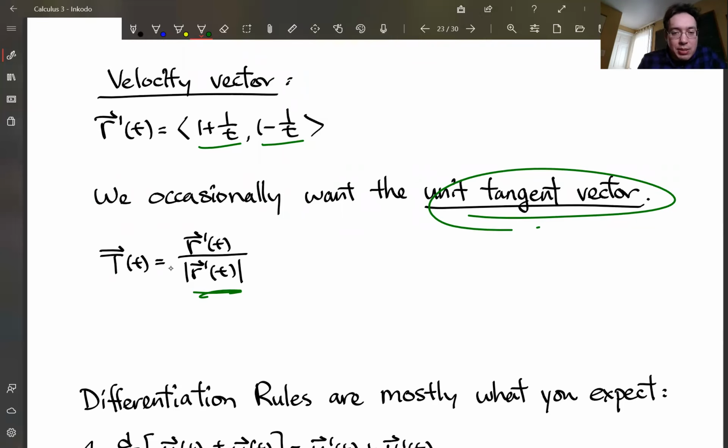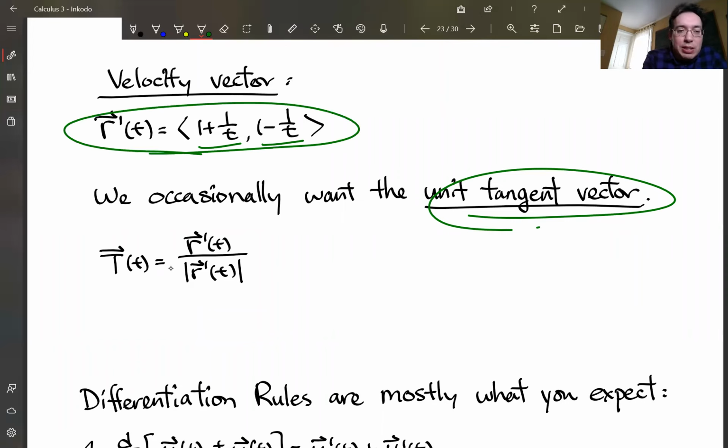Okay, and maybe we could just do an example of this. So if we computed this as a velocity vector, then we also need to compute its magnitude.